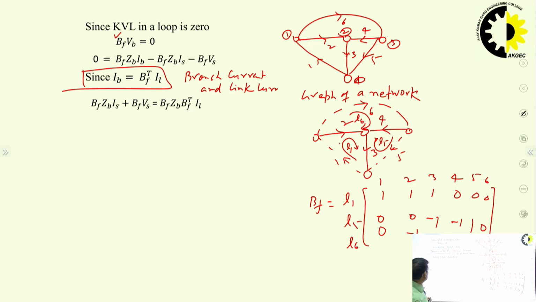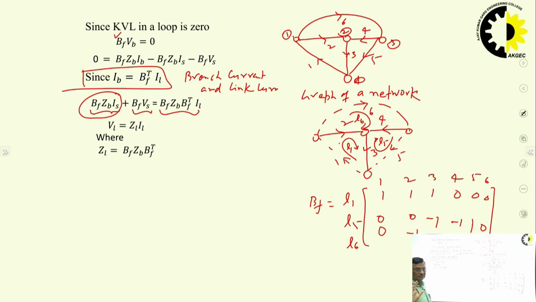Now look at here. There is one term. If you convert the current source into its equivalent voltage source, we can get rid of this matrix.